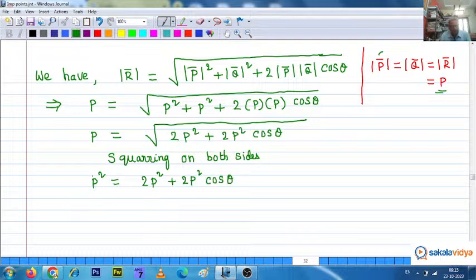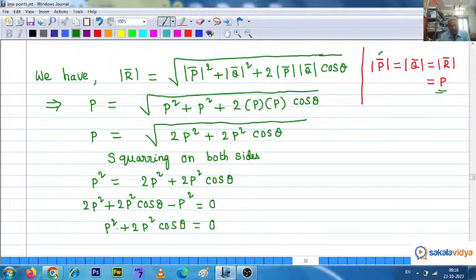Now bring P square to this side: 2P square plus 2P square cos theta minus P square is equal to 0. Do you get this step? Is it clear? I hope it is very clear. Now 2P square minus P square is P square, so P square plus 2P square cos theta equals 0.